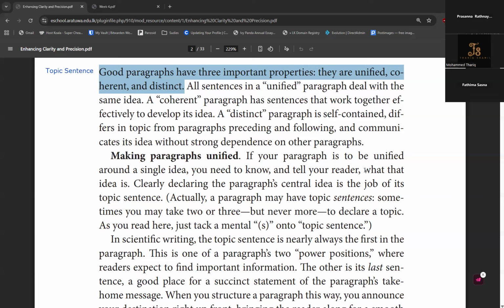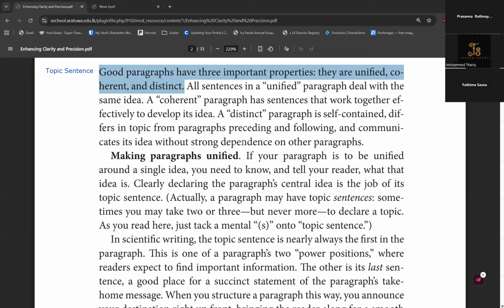Normally, in unified paragraphs, we have to write two or three topic sentences. We can't write more than that. Well, the key idea, the main idea, is directly stated in a simple, precise, direct way.